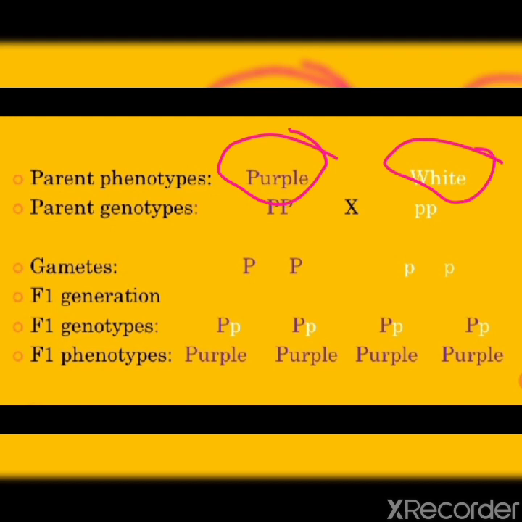The male will produce sperm gametes, which contain capital P, and the second will also contain capital P, while the female gametes, the ovum, will contain small p, and the other small p, right? Now we are going to fertilize these.